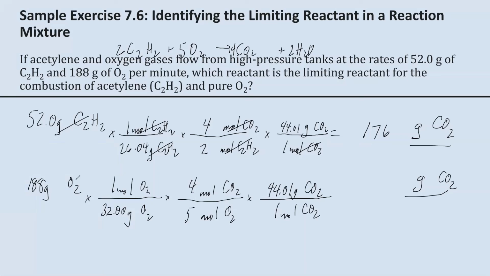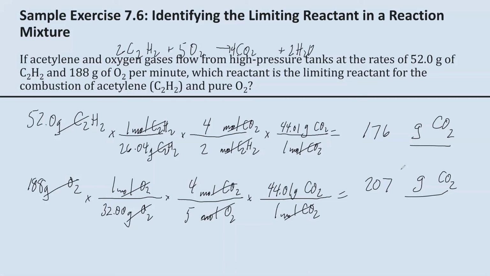It should be the same. So grams cancel, moles of carbon dioxide cancel. I'm left with just grams of carbon dioxide, 188 times 4 times 44.01 divided by 32 divided by 5. 3 significant figures, we get 207 grams of carbon dioxide.